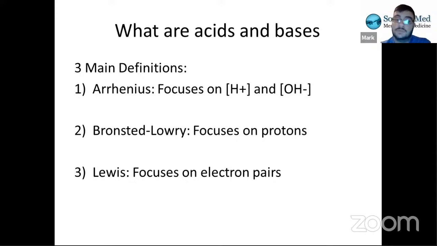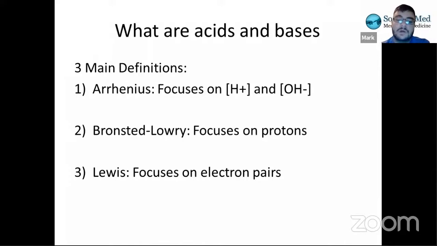If you know, H plus is a proton, so the definition of acid is actually the same in Arrhenius and Bronsted-Lowry, pretty much. But the difference comes in bases, where in Arrhenius it says it's specifically something that has OH minus, whereas in Bronsted-Lowry it's more on a proton acceptor.